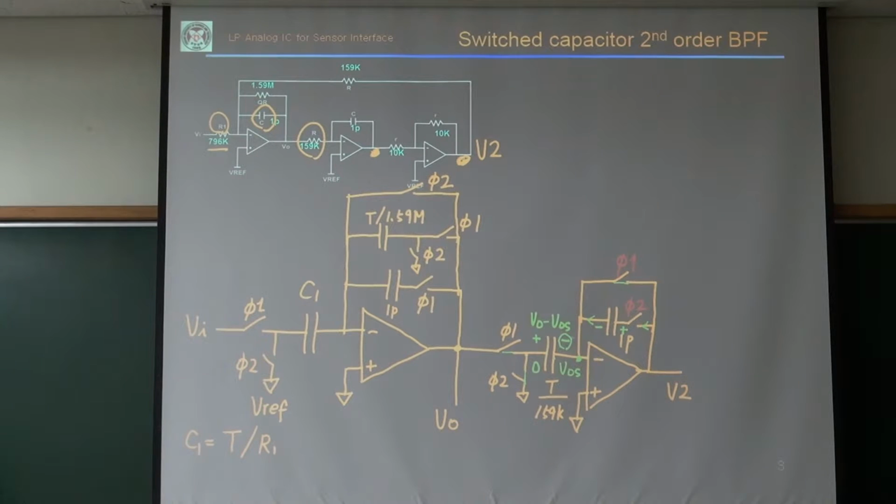Okay. The amount of charge developed here, actually accumulated there, is the change of charge between those two, right? So the delta Q here equals the positive charge. This C is, I can say C2. C2 times VO minus VOS, something like that, okay?